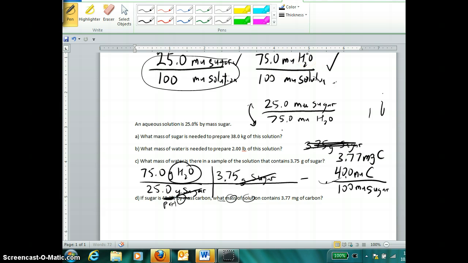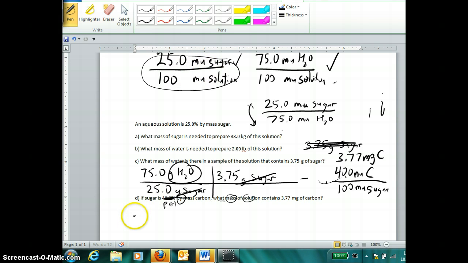And if I look at all this data I've been given down here, none of it includes water. On the other hand, if I were to select this mass of solution to begin the problem, I'd have to cancel a mass of sugar. And I go, aha, I've been told information about the mass of sugar. I'm going to give this one a try and see what happens.